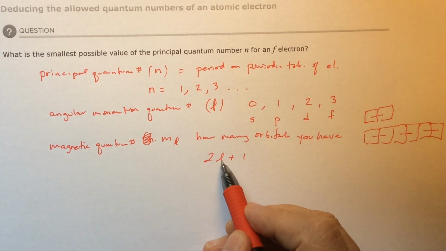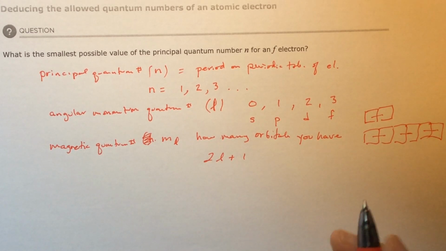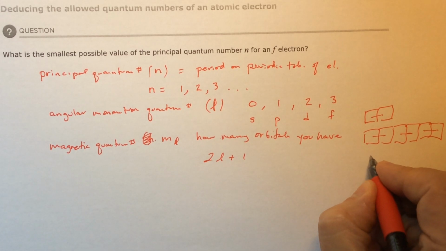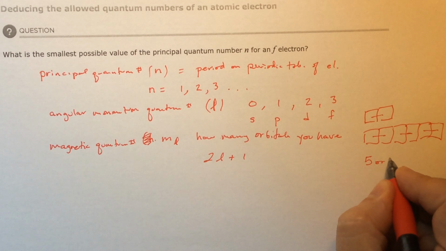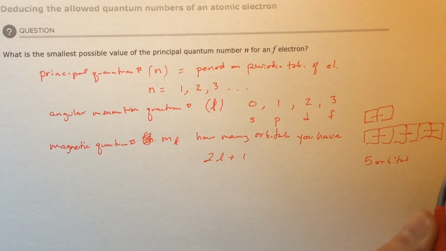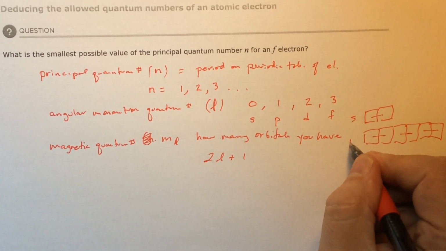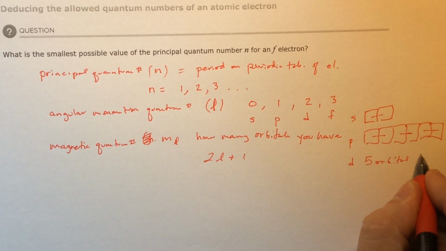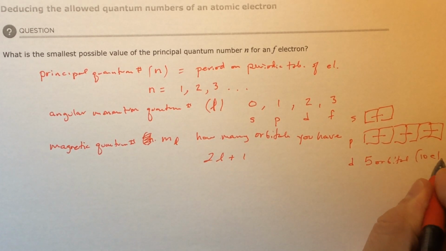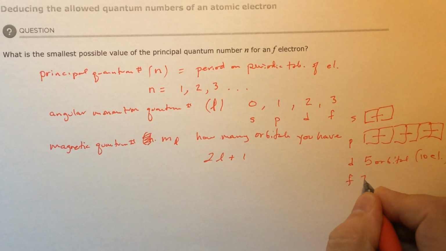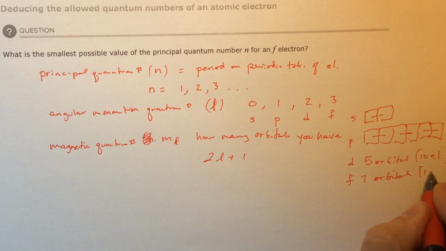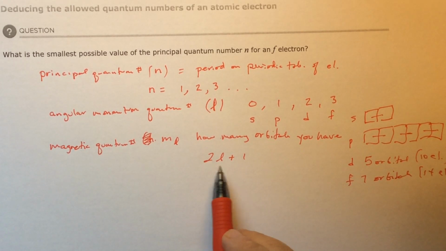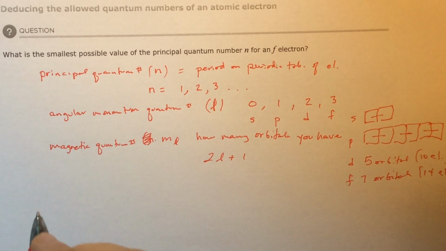Then for D, it is 2 times 2 plus 1, which is 5 orbitals, which is 10 electrons, and then F is 7 orbitals, which is 14 electrons. So this tells you how many orbitals you have in that subshell.